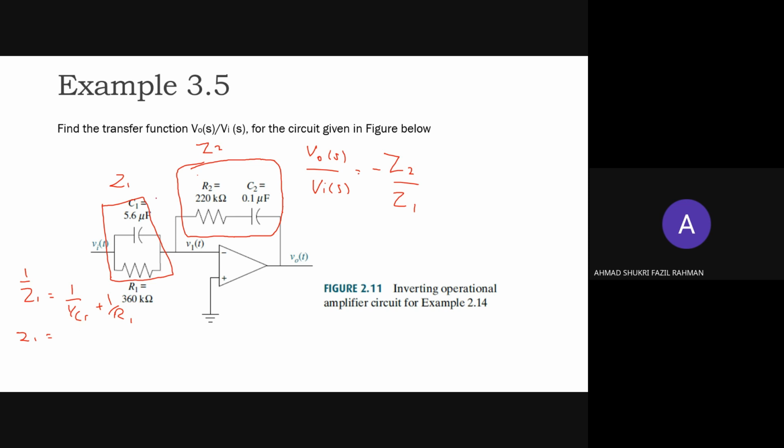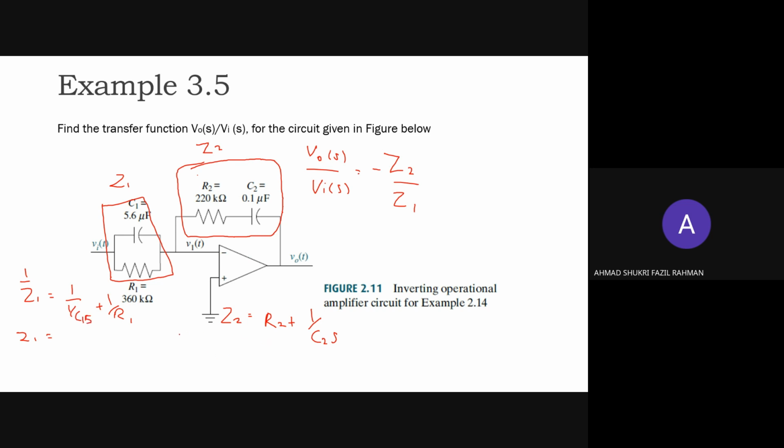And then we can also obtain Z2. Z2 is equal to the connection shown here: R2 connected in series with the capacitor. So R2 plus 1 over C2S. This one is actually C1S.